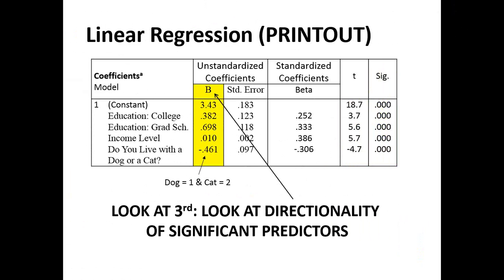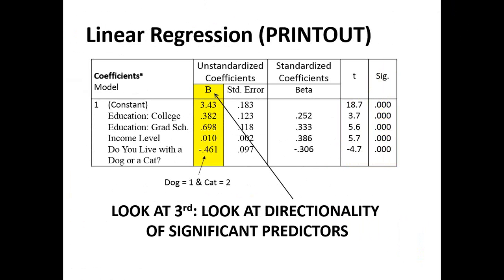So what it's saying is those with a college level education have significantly more, right, a higher level of happiness in reference to those with a high school level education. The same finding for the graduate school education. Also, we see for income level, there's no minus, so that means as income goes up, there's more, because there's no minus, it's positive, happiness goes up.